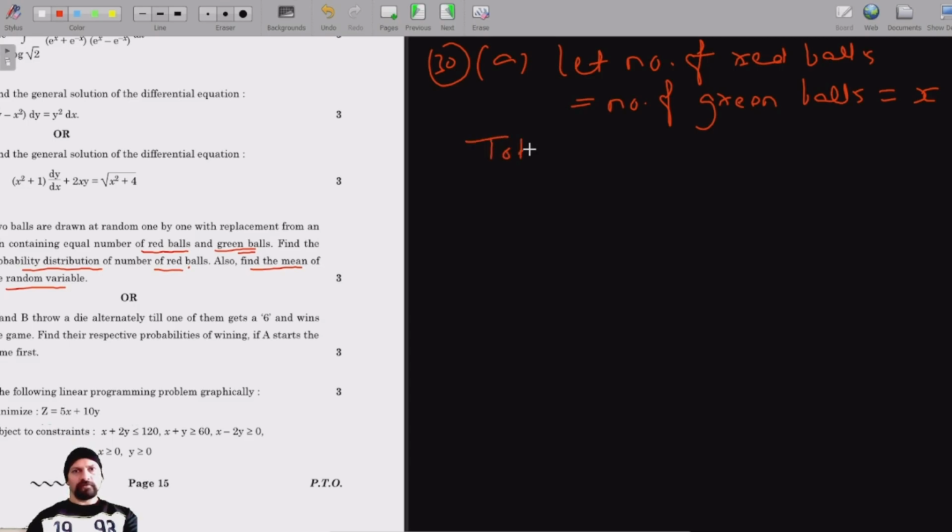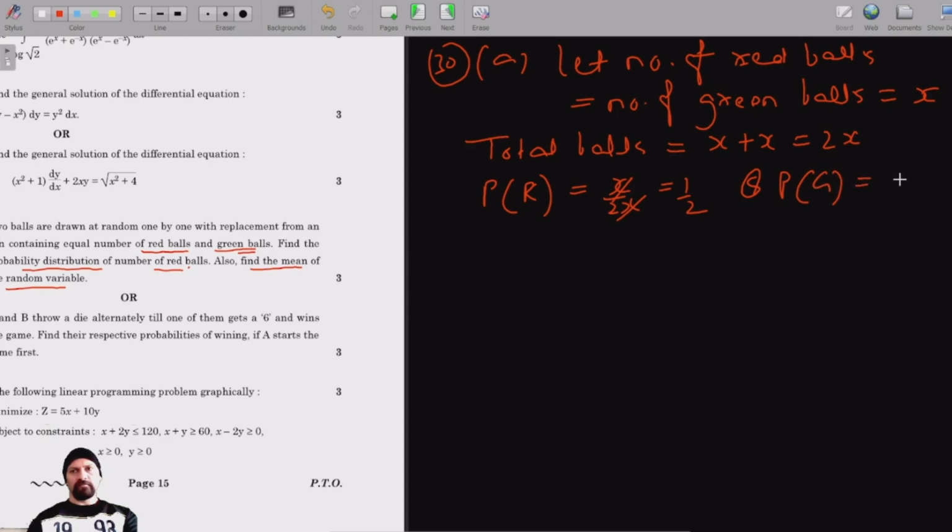So the total number of balls in the urn is green plus red, which is equal to 2x. The probability of drawing a red ball is x upon 2x, which is half, and the probability of drawing a green ball is also half.